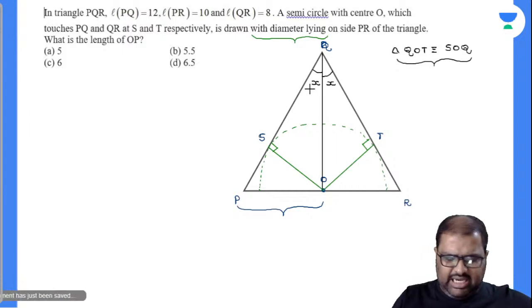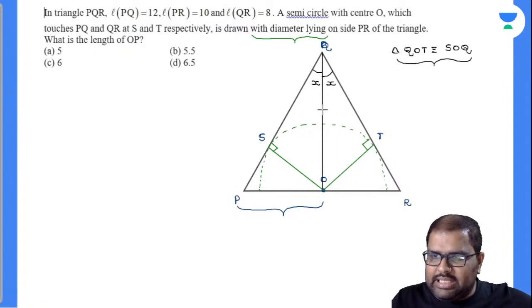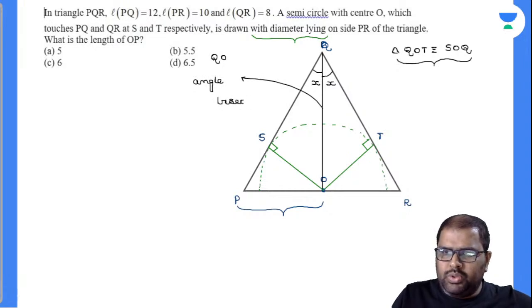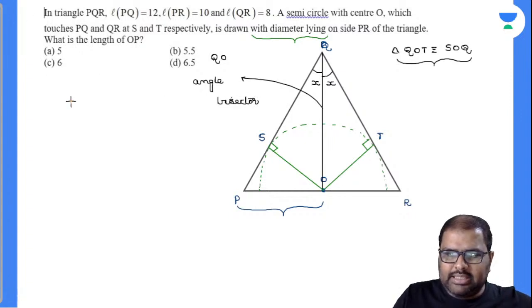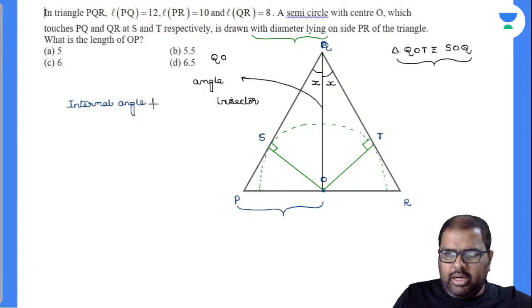If it is 30, 60, 90, 45, 45, 90, whatsoever. So by this, what can I say? My QO is the angle bisector. We have a theorem called the internal angle bisector theorem.